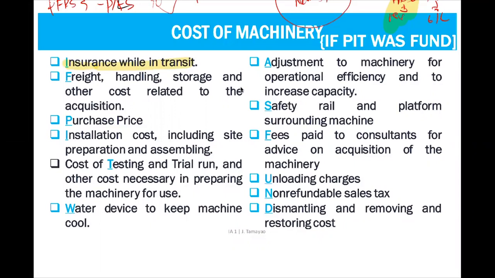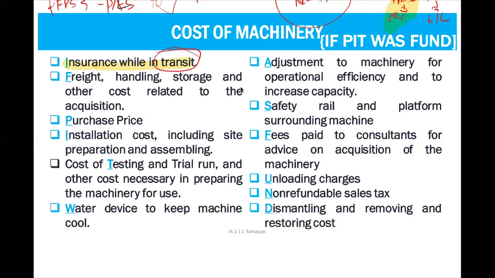That insurance was procured for the purpose of construction, while here it is procured for the purpose of the safety of the machinery while it is in transit. So take note, you must look at the insurance and it must be attributable to the transit of machinery from the seller to the buyer.